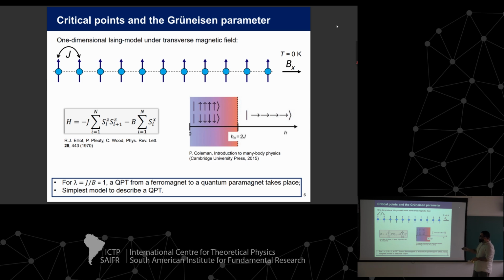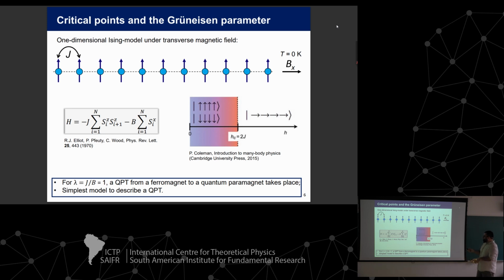What happens in this model is that when you increase the magnetic field until it equals J, the coupling constant between adjacent spins, you change the ground state from a superposition between up and down states to a quantum paramagnet. In other words, you flip the spins, and this is the simplest model to describe a quantum phase transition. So this is exactly the quantum critical point, when the magnetic field equals the coupling constant.